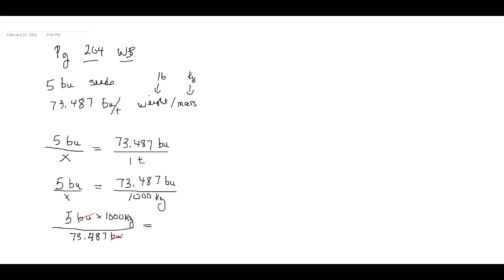So pulling out my calculator. I said 0.485, it's 0.487. And that gives me 68.04 kilograms. And remember, I've rounded this. Now we know how many kilograms we have.